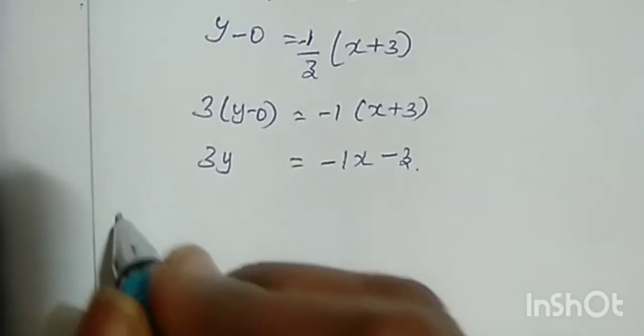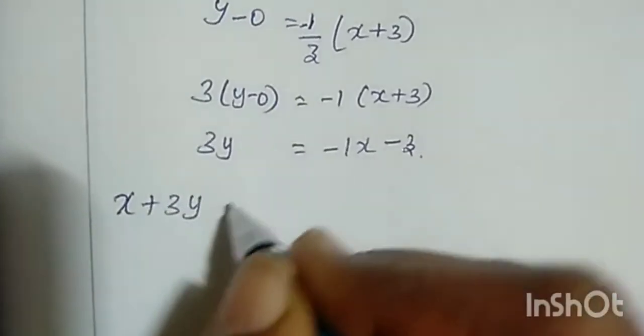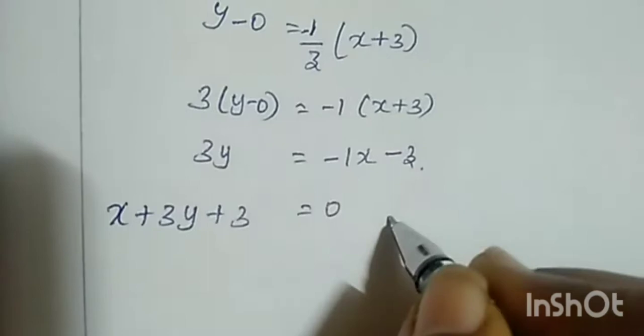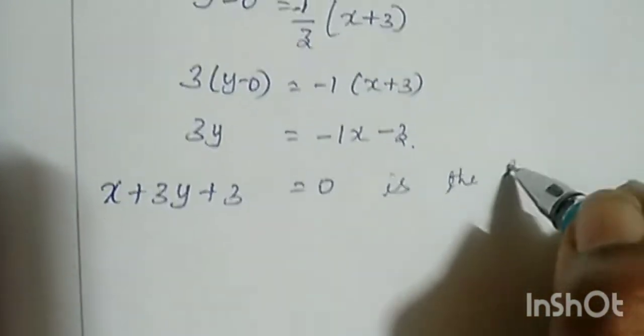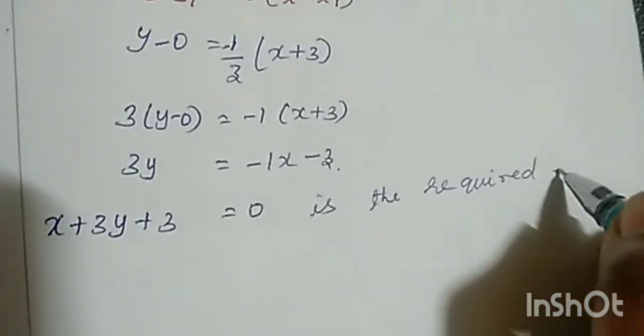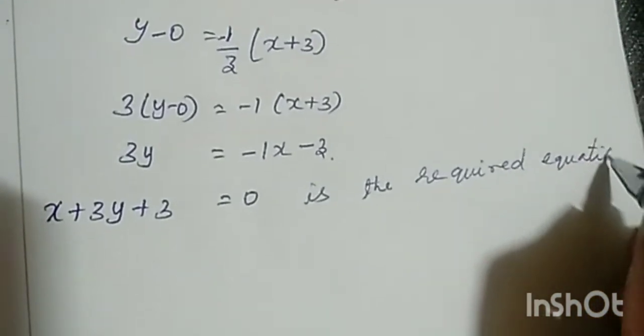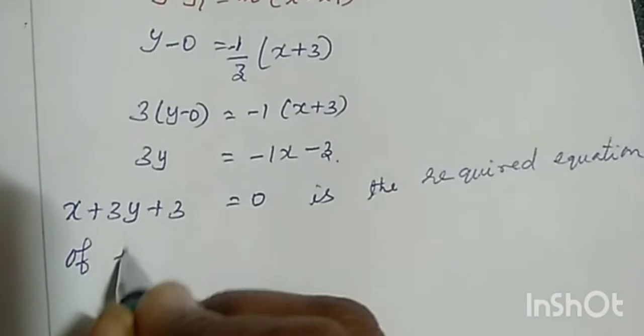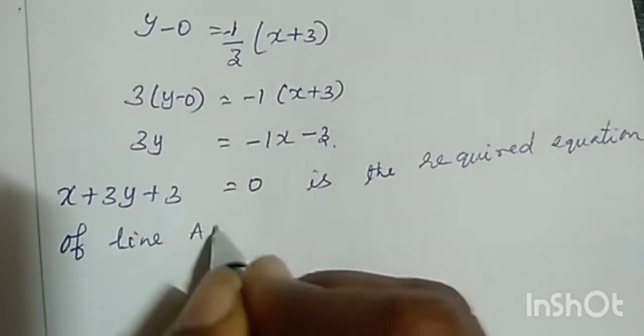So all these are negative. Take it to the left-hand side to make it positive. So x plus 3y plus 3 is equal to 0 is the required equation of the line AD. This is one answer.